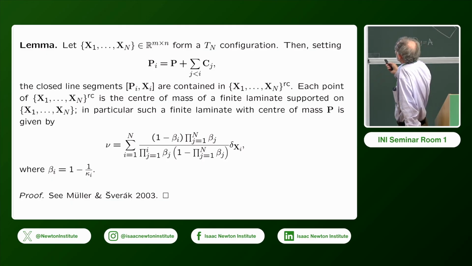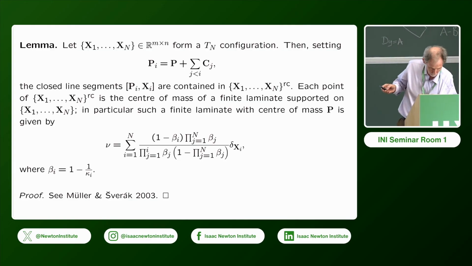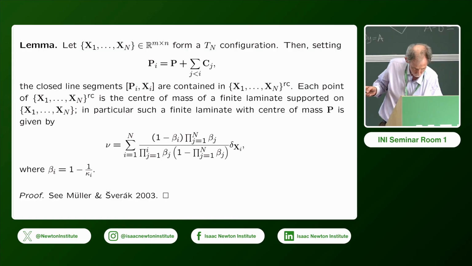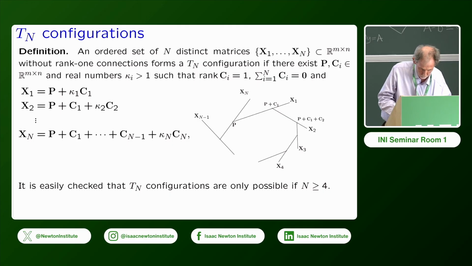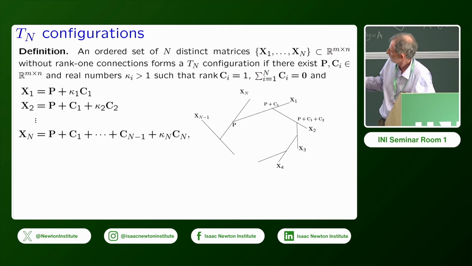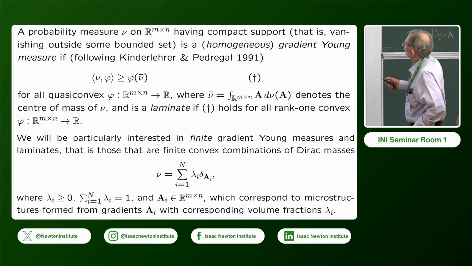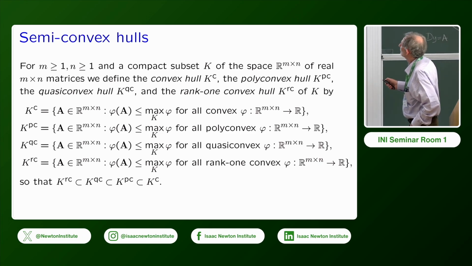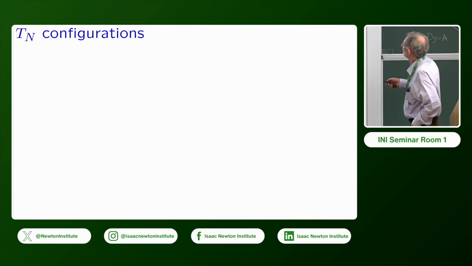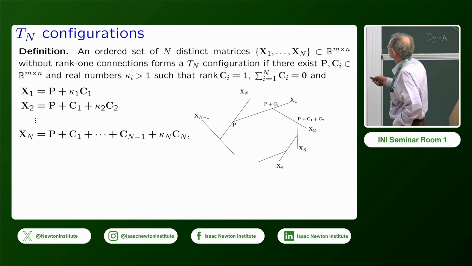It says that if they form a T_n configuration, then setting P_i to be these, these are the points.